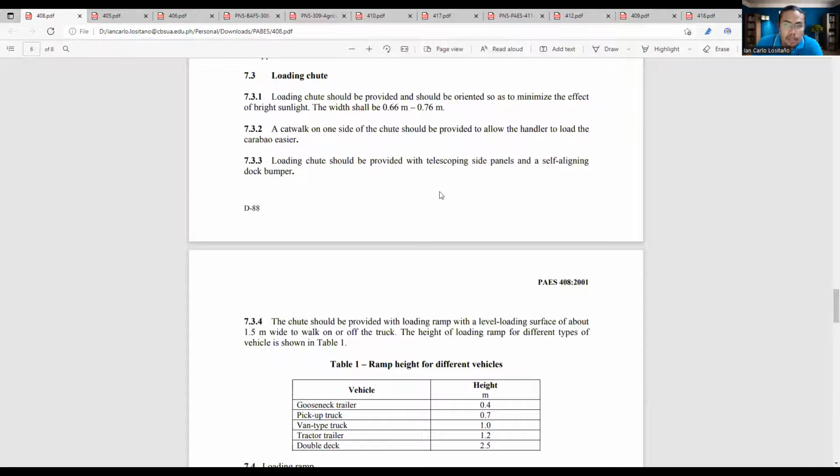Again, this is a temporary facility for fattening animals. Thus, a loading chute is required, and a catwalk should be provided for the handler, for allowing the easy loading of the carabao.